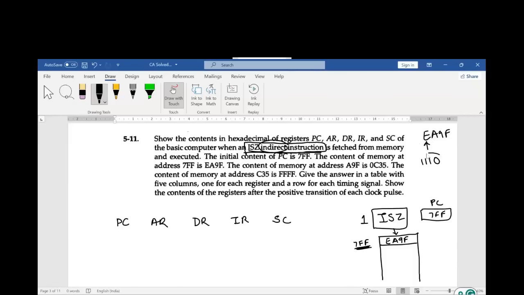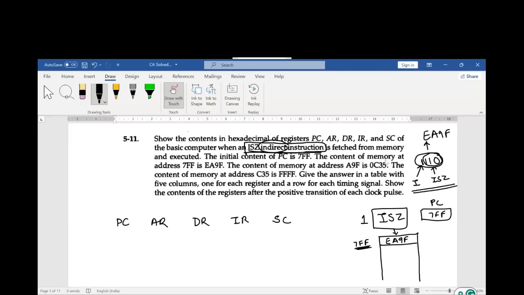If I write the binary of 14, it is 1110. From this, if I decode my instruction, the leading 1 indicates indirect memory addressing and 110 is the code for ISZ. So even if this statement is not given, from the code itself, EA9F, you should be able to make out that the instruction to be executed is indirect ISZ. Fine?